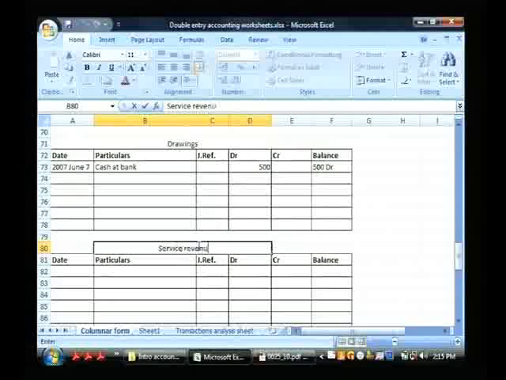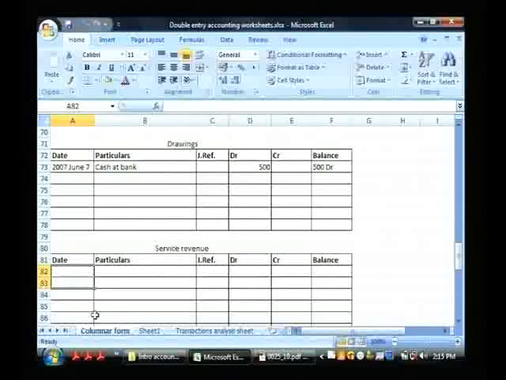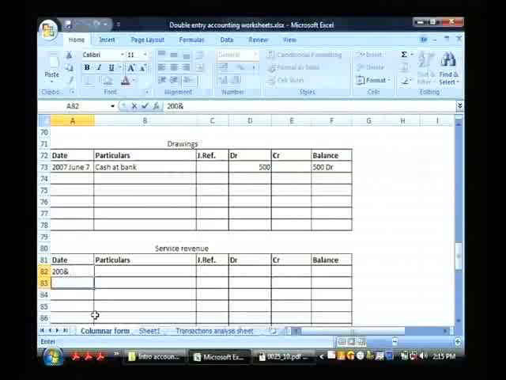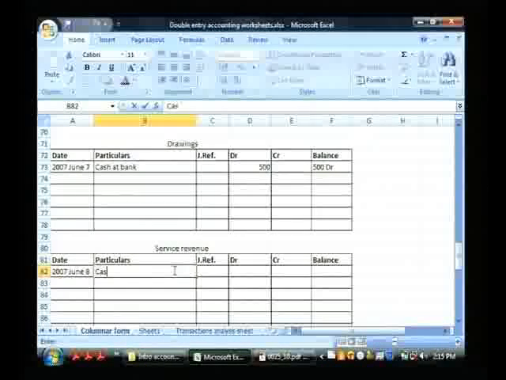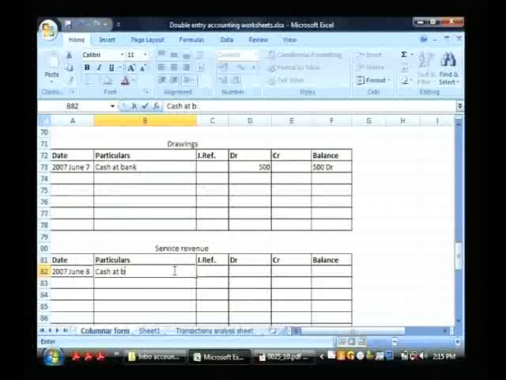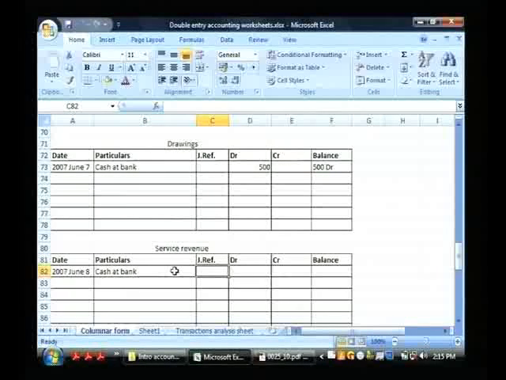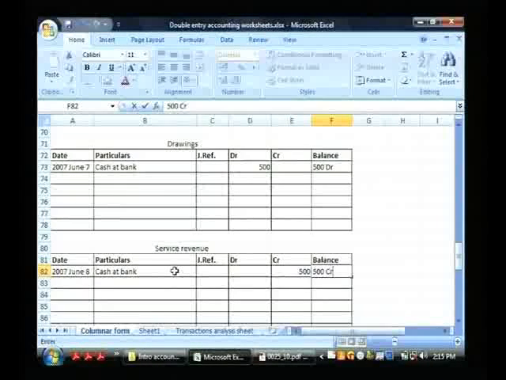Service revenue. Write the date first. June 8, cash at bank, title of the corresponding account, service revenue, credit according to the transaction analysis chart, 500, therefore 500 credit balance.